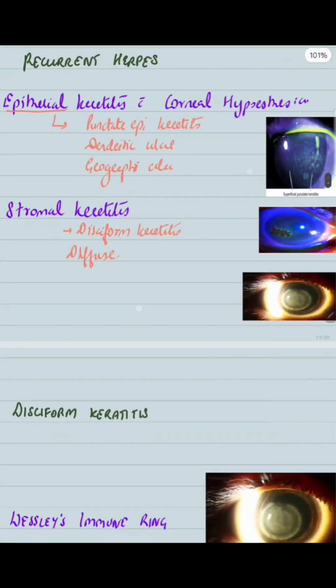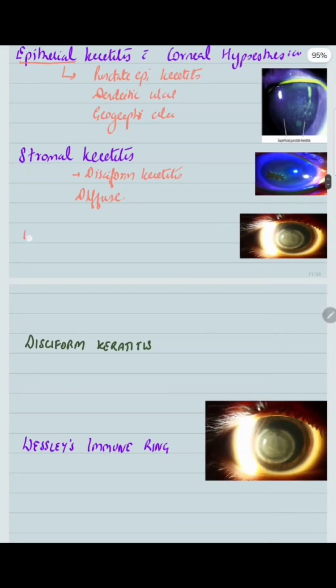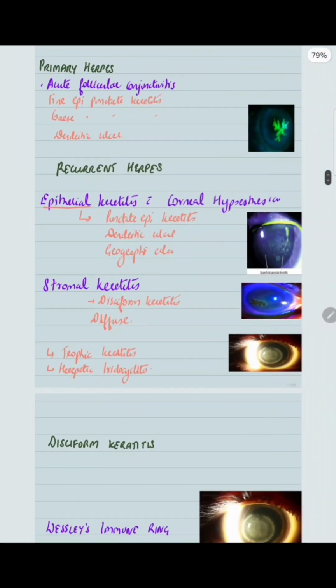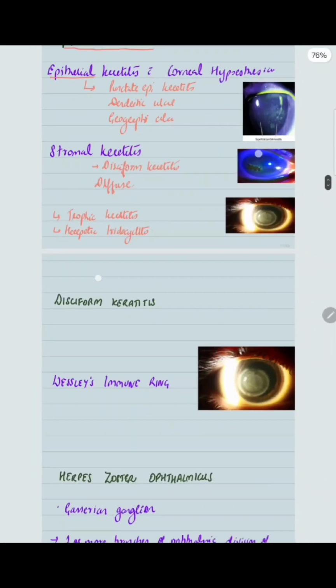In recurrent herpes there can also be trophic keratitis or herpetic iridocyclitis. In primary herpes we see follicular conjunctivitis and fine epithelial punctate keratitis.